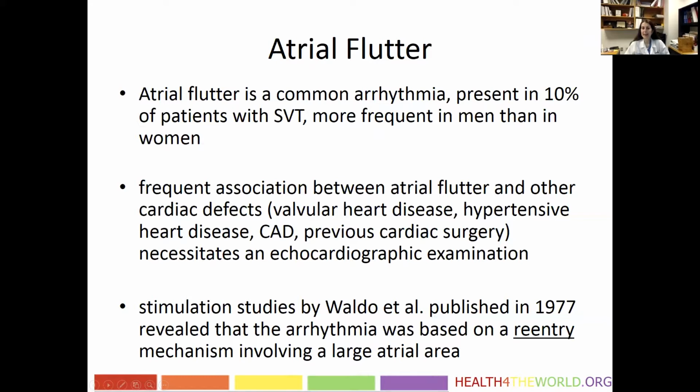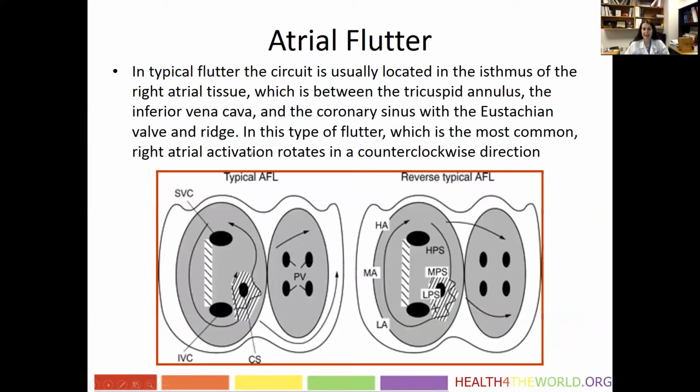And since the great discoveries of Dr. Waldo and his colleagues back in 1977, we know exactly where the typical atrial flutter circuit lies inside the right atrium, and we will talk about this in this next slide.